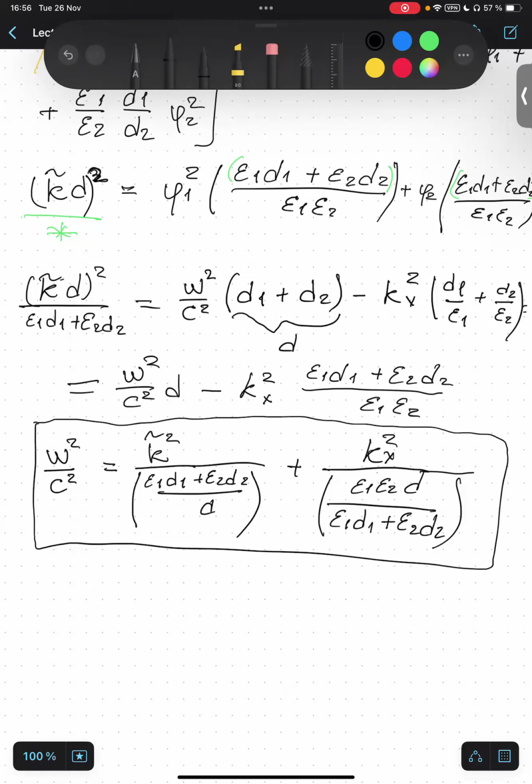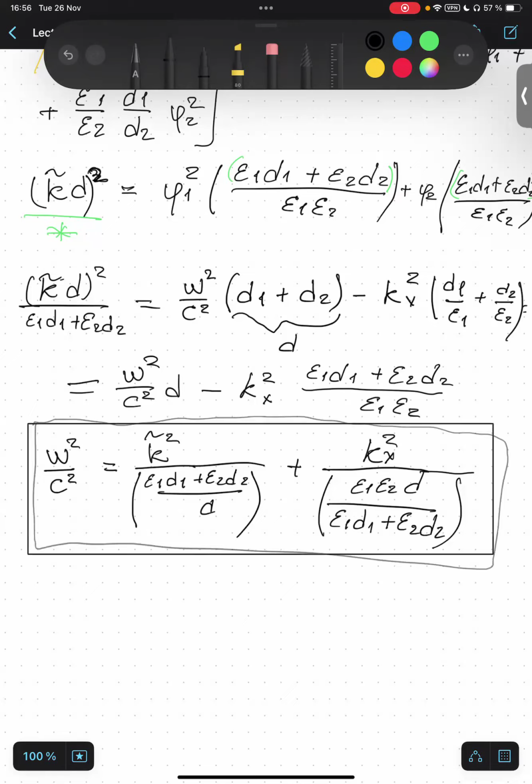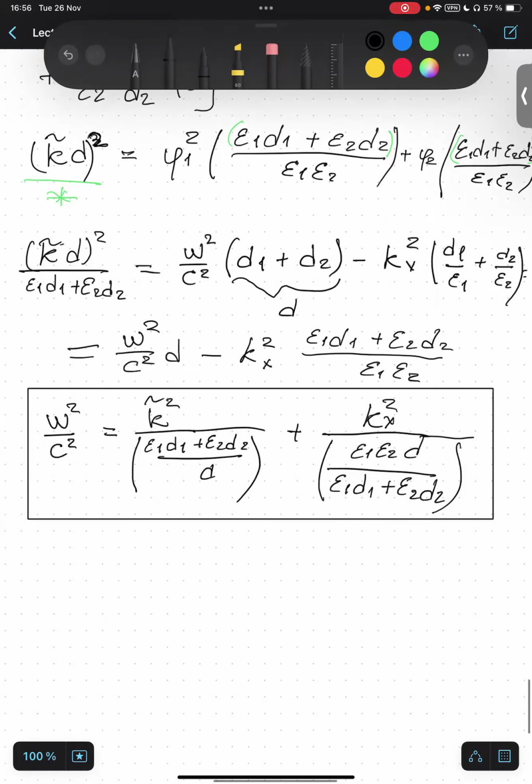So does someone know what this expression is? It's a dispersion relation, but we can find here some kind of permittivities, perpendicular and parallel, in terms of the denominators. We can rewrite it as omega squared over c squared equals k tilde squared divided by epsilon parallel plus kx squared divided by epsilon perpendicular.